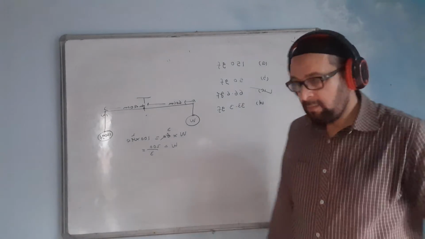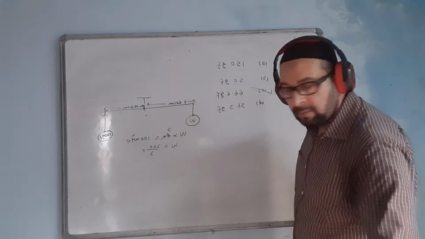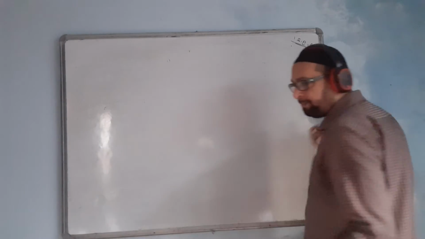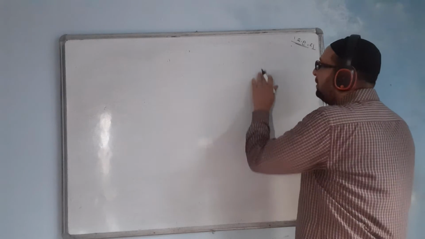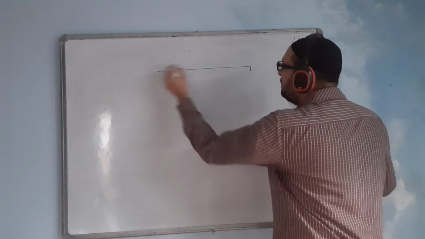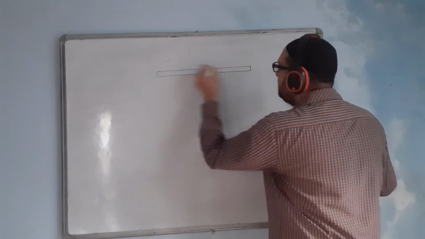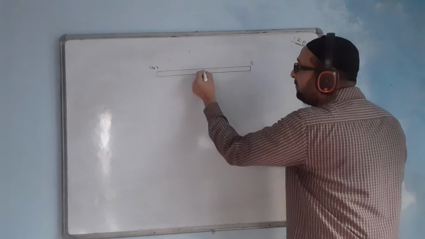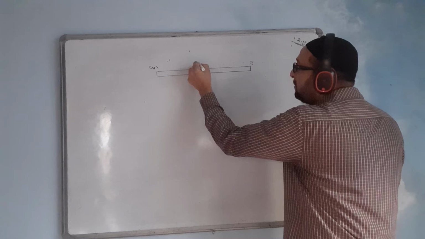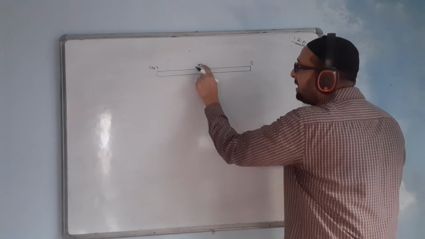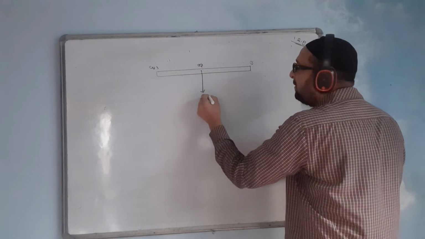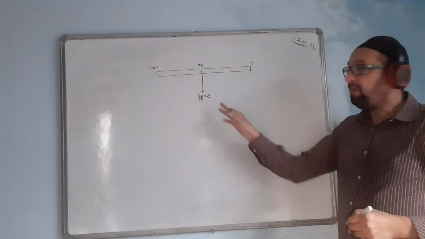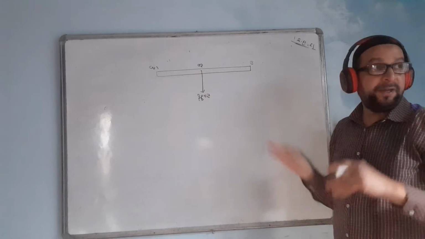Yes. Now check what answer should come. They say there is a uniform meter rule. You can make a rough diagram here, 0 to 100. The weight of the ruler will act uniformly, exactly at 50. The weight of the ruler given is 50 GF, acting at the 50 centimeter mark.